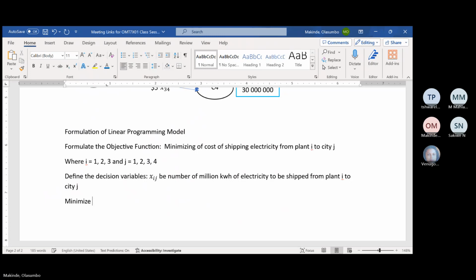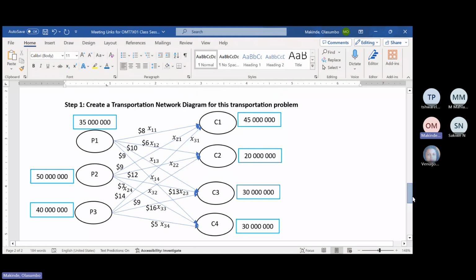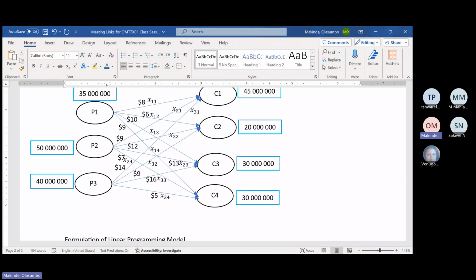minimize, which I will show you. Maybe I don't need to write it. I will stop sharing, then I will show you how they wrote that. Based on what I've analyzed on the network, that's how they get the objective function. We want to minimize the total cost, which you can represent as Z, to be 8 times x11 plus 6 times x12, plus 10 times x13, and so on and so forth, the way I've interpreted it.